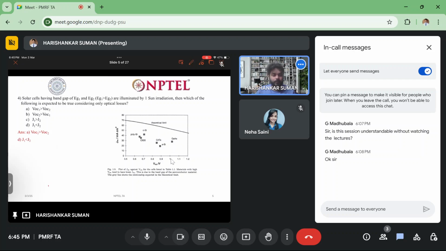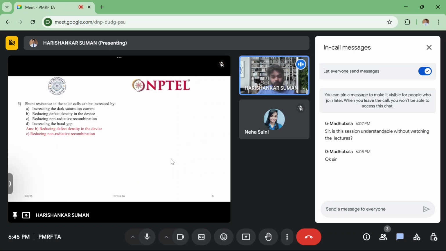Okay, let's move to the next question. Shunt resistance in the solar cell can be increased by, so these are the options and let's discuss the answer.